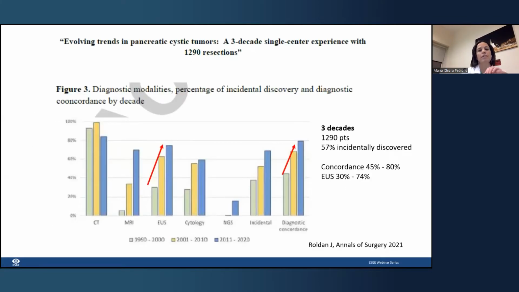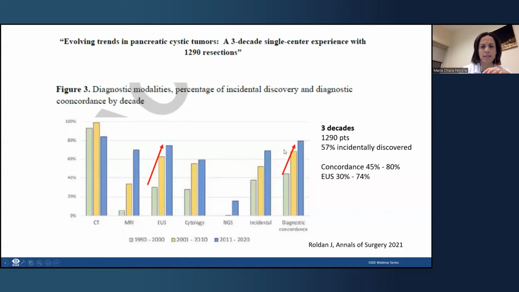So this is an interesting paper. It's a retrospective study that described the experience of pancreatic surgery at Massachusetts General Hospital with resected pancreatic cysts during the last 3 decades, from 1990 until 2020. 1,300 patients were identified, and 57% of these cysts were incidentally discovered.